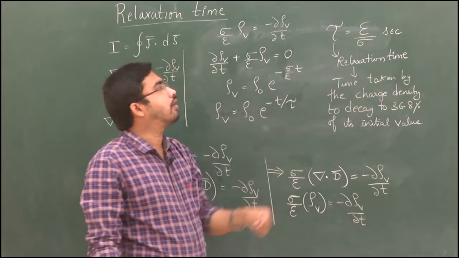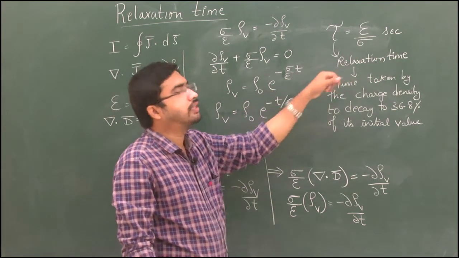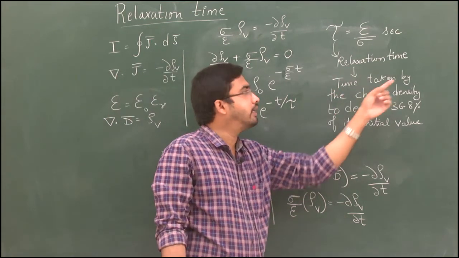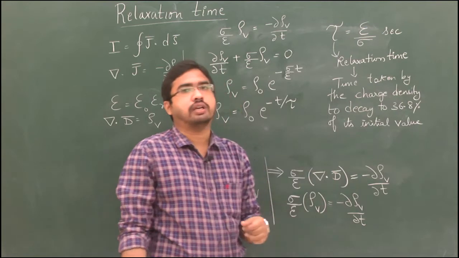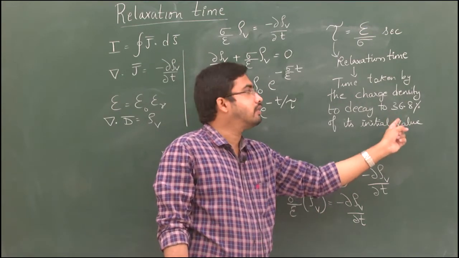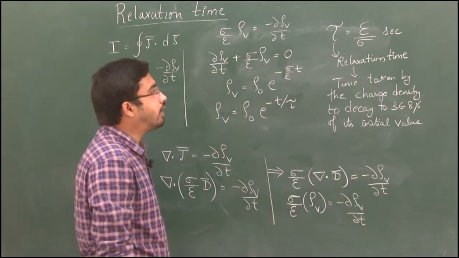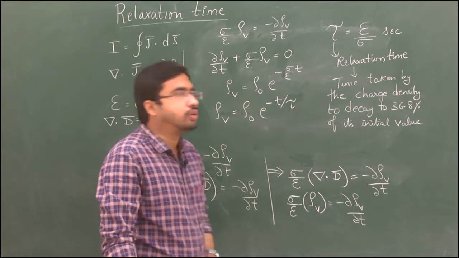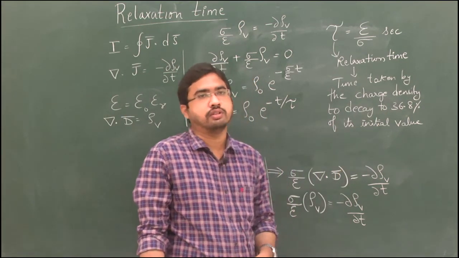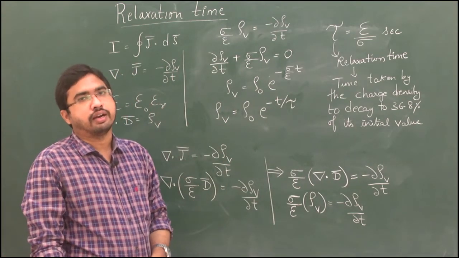This tau is called the relaxation time. The relaxation time of a conductor is the time taken by the charge density to decay to 36.8% of its initial value. This is the concept of relaxation time for a conductor.